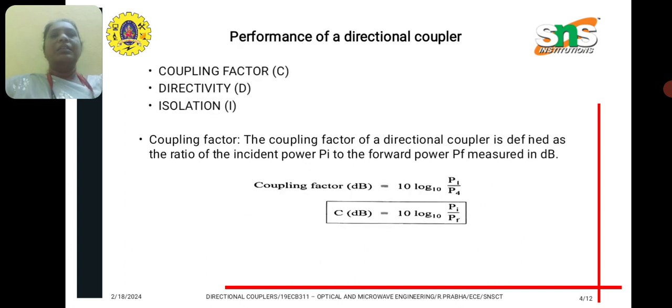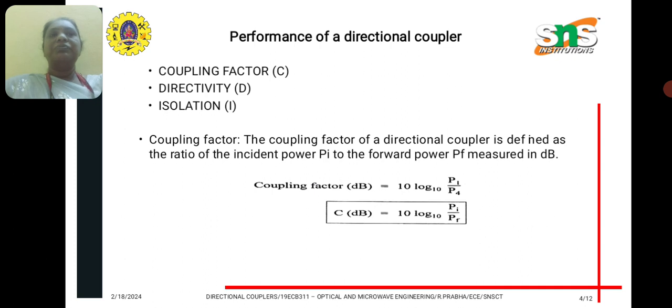And there are 3 performance parameters of a directional coupler. They are coupling factor denoted as C, directivity denoted as D, and isolation denoted as I. We'll see the parameters one by one. First one is the coupling factor.